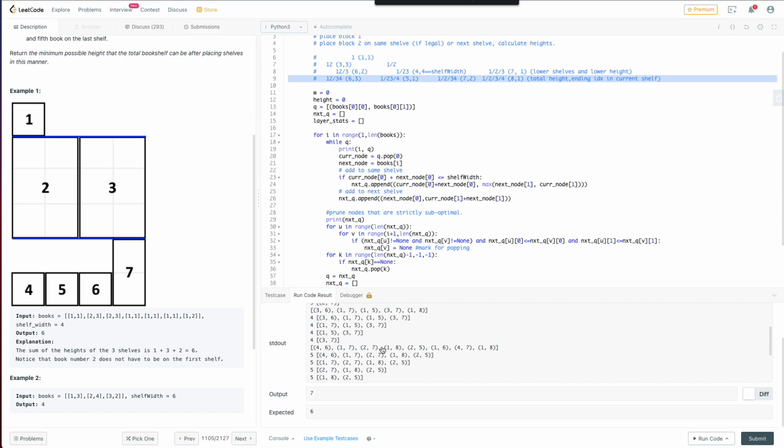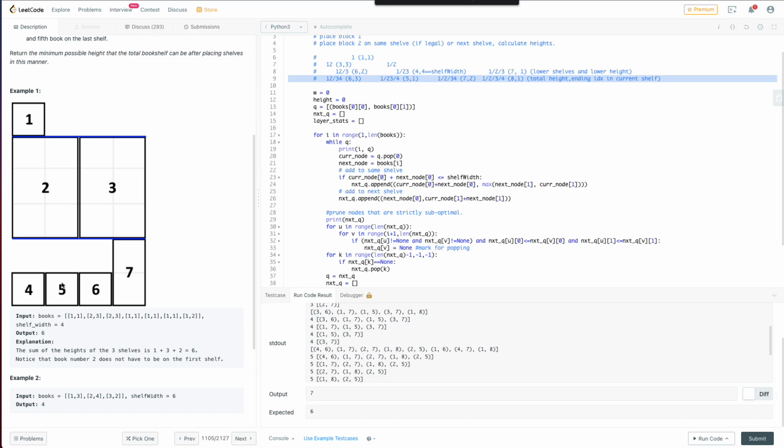Why, I guess, doesn't 2 5 exist here? Keep in mind i of 4 means 5 because i of 1 is this.